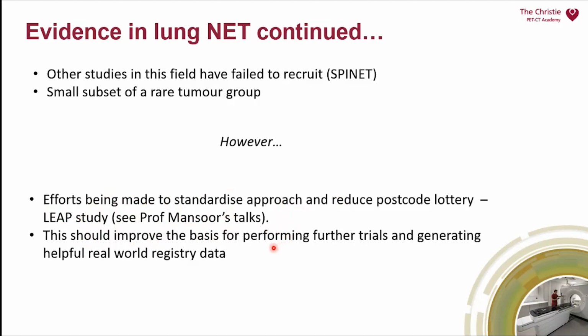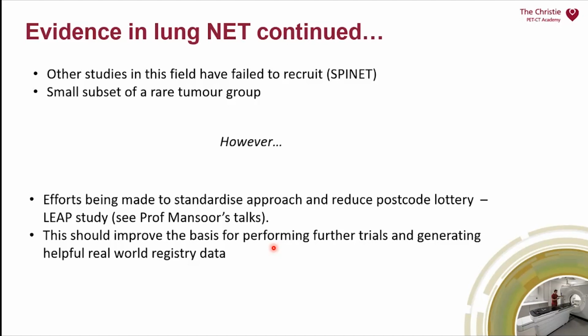There's also more of a drive at the moment, in cases where it's very difficult to generate high power evidence, to get more organized with collecting real world data, and we do that with what's called cancer registries.